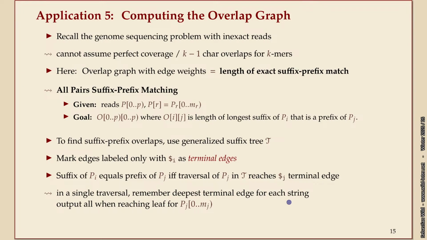And then when you reach a leaf, you output all of these. And you can even do a single traversal of the entire tree, not just for any specific read, but you can do all of the traversals together. Then the overall time is linear plus the output size.